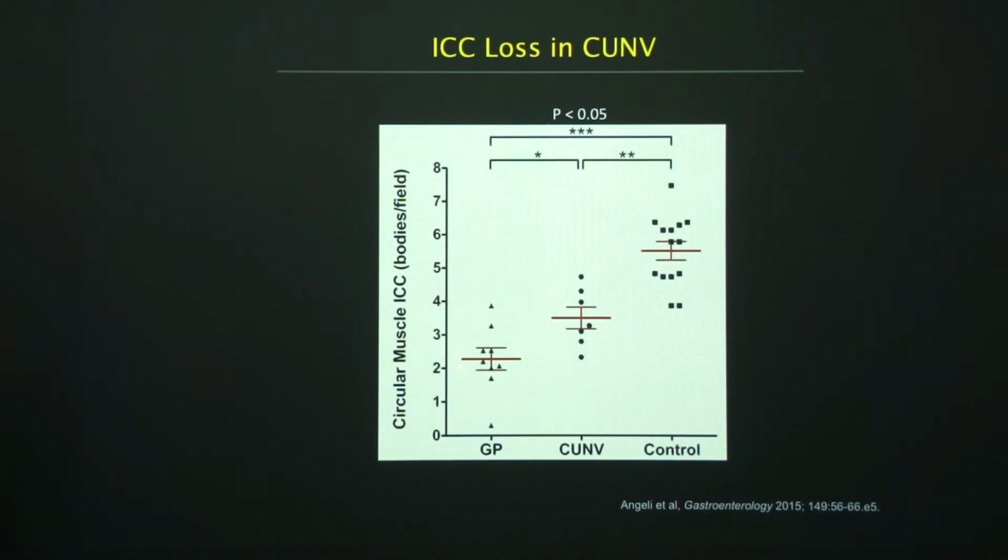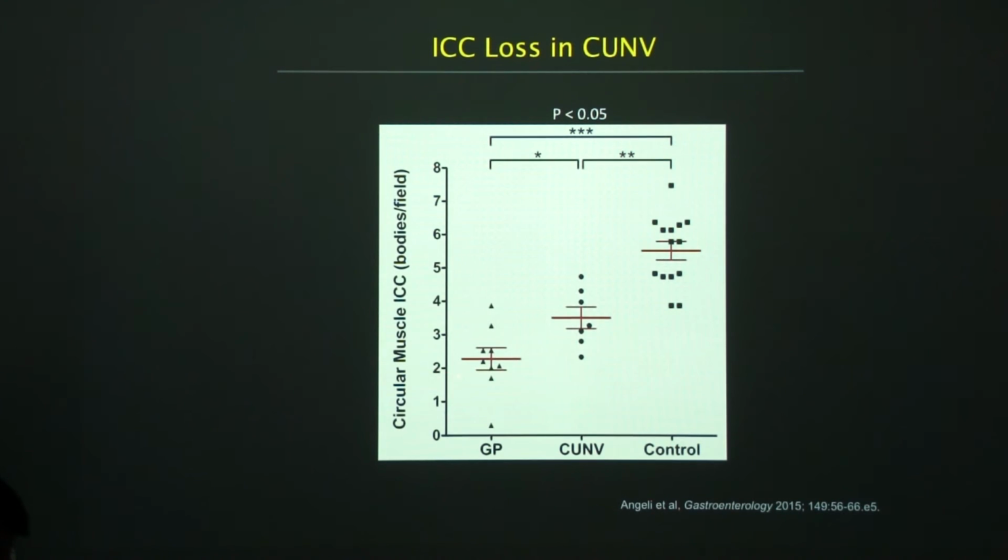That's interesting, because functionally or symptomatically these two patient groups are similar. Electrophysiologically they are similar, and they both exhibit ICC depletion. But functionally, this cohort of gastroparetic patients have stomachs that fail to empty properly, whereas the chronic nausea and vomiting patients have stomachs that do empty properly.